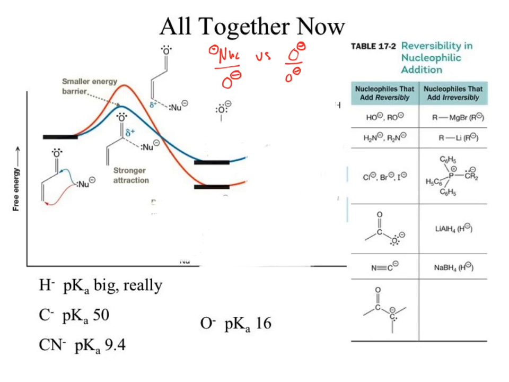What would I expect the energy barrier to be here, the energy between my reactant and my intermediate? What should that energy barrier be if I'm comparing O minus to O minus? Nothing, which means reversible, which means I get the thermodynamic product.